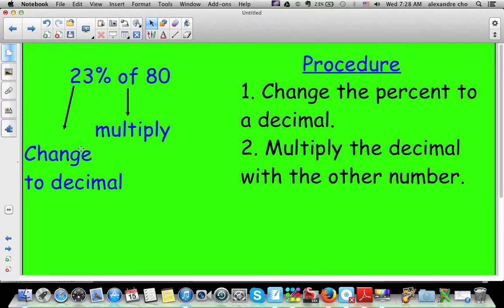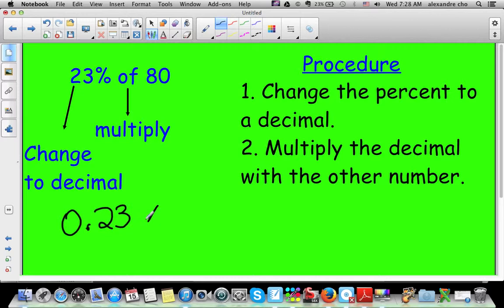23%. The percent we want to change to a decimal. The of we want to change to multiplication. And the 80, nothing happens to the 80. That stays the same. So we're basically changing this word expression into a mathematical expression. So change to a decimal becomes, at the bottom, 0.23.